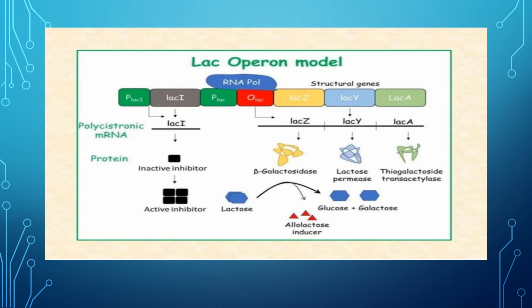When the inducer level falls, having been metabolized by the enzymes, the operator is blocked again by the repressor, so that the structural genes are repressed once again. This is an example of a negative feedback mechanism. The inducible operons generally function in catabolic pathways.